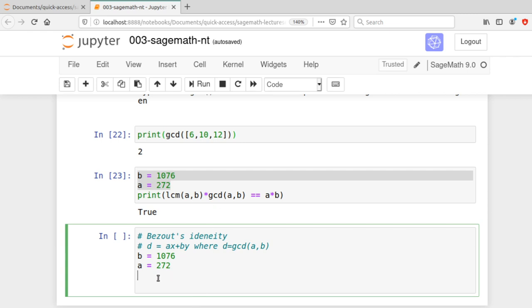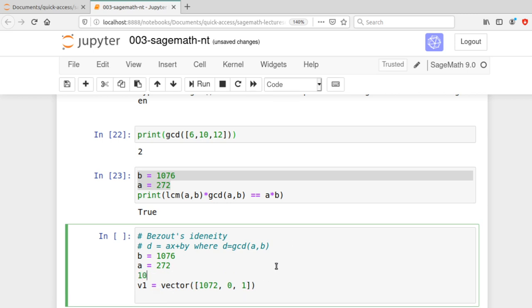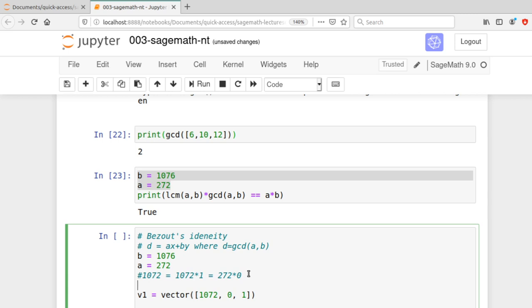So we are going to define a row vector by the name v1, equal to a vector consisting of 1072, 1, 0. The comments I am enclosing, I'm preceding with a hash symbol.